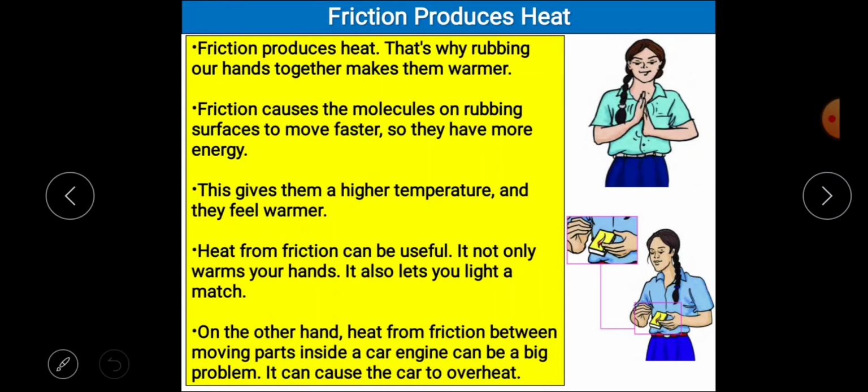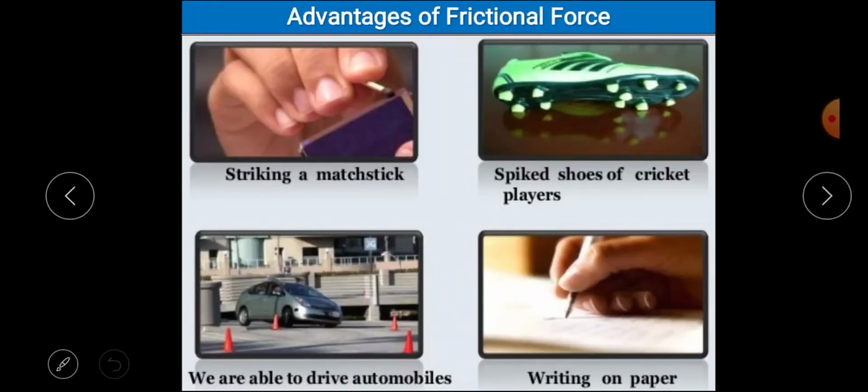On the other hand, heat from friction between moving parts inside a car engine can be a big problem, because the heat produced there due to friction can cause the car to overheat. So friction produces heat, and that heat can be good for us in some instances, and on the other hand it may give us problems also.